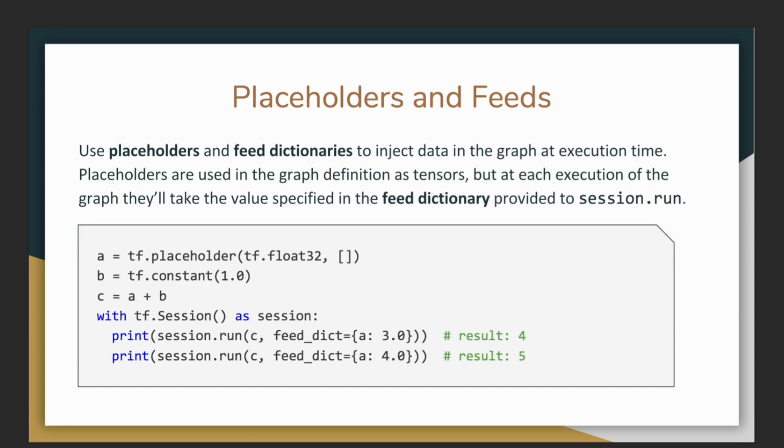You define a placeholder at graph declaration time, and you can use it within the graph just as if it were another standard tensor. But at each execution of the graph, it will take a different value: the value that you specify in the feed dictionary that you pass to session.run.